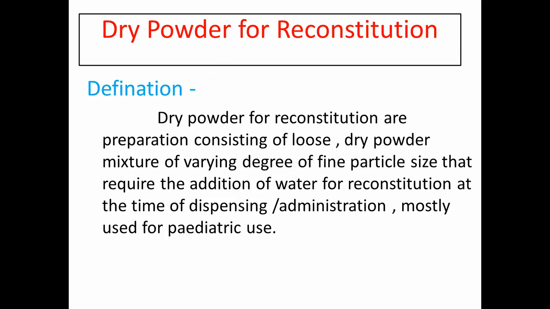If given as dry powder, their potency remains as it is, and at the time of administration, when the patient takes it, water is added and it is reconstituted. There is no loss of potency because they are not in liquid form.